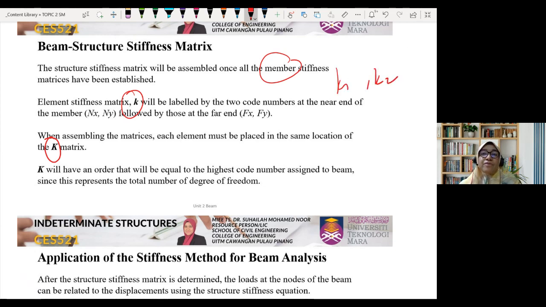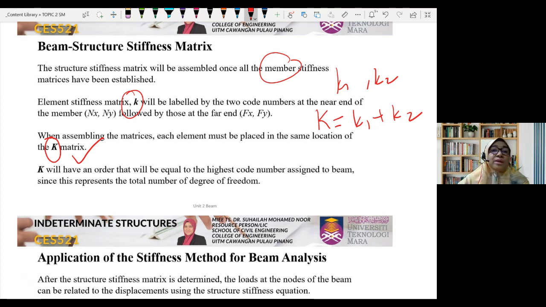To have the structure stiffness matrix, we combine them: capital K equals k1 plus k2. The total degrees of freedom will be based on the node number. If there are 3 nodes, it means there is a 6 by 6 matrix in the structure stiffness matrix K.